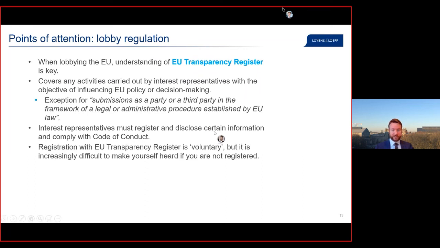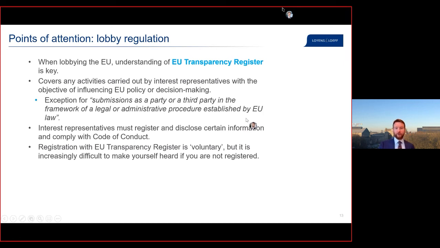Registration with the EU Transparency Register is voluntary, but because of its increasing importance, it's becoming more and more difficult to make yourself heard in Brussels if you are not registered.